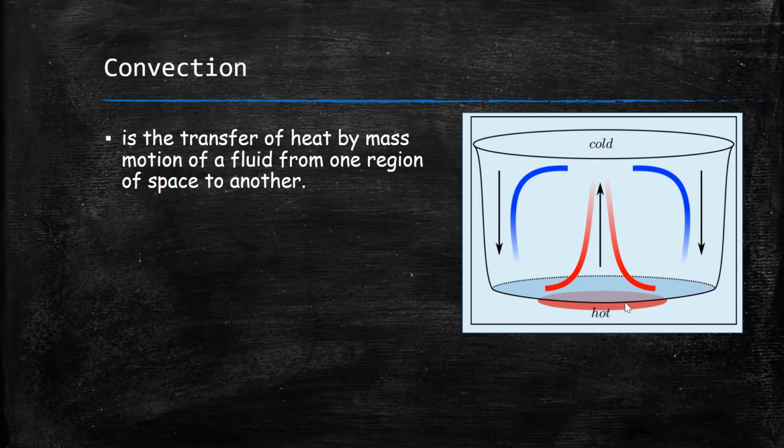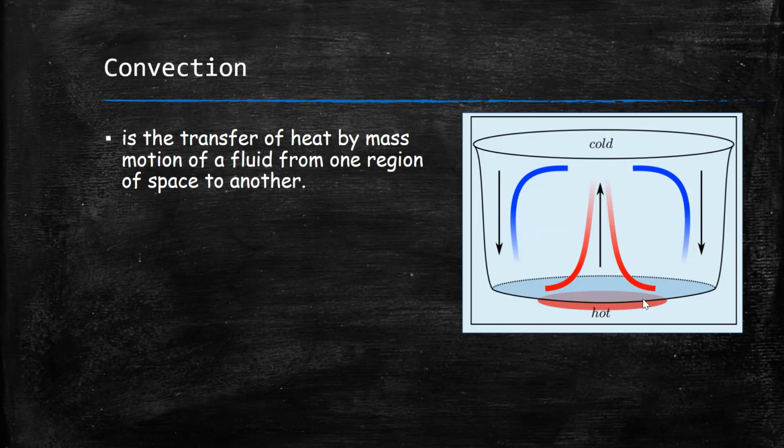So since it expands, the volume increases and the mass of the fluid is retained. So it would be less dense compared to the region which is not directly exposed to the heat.